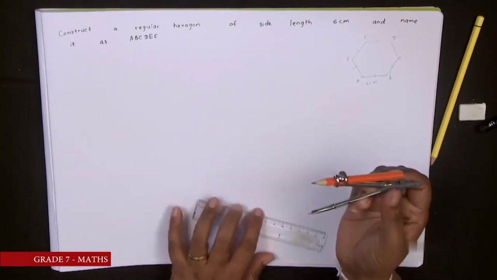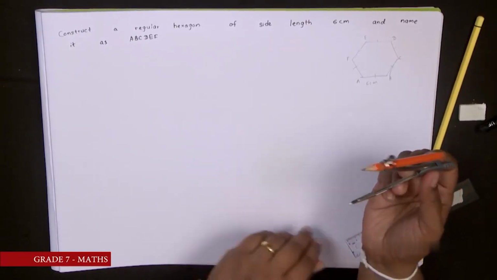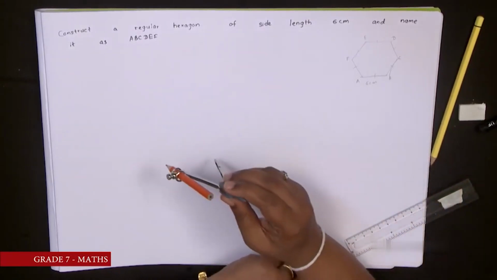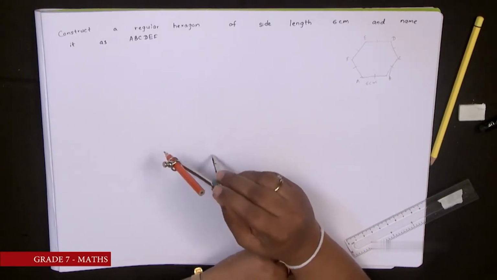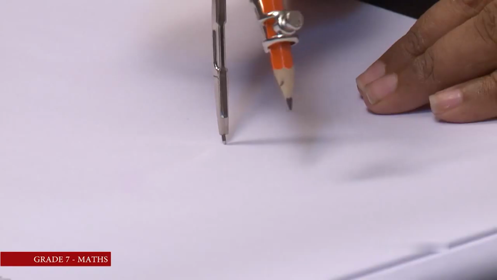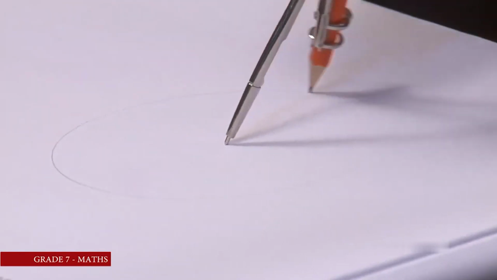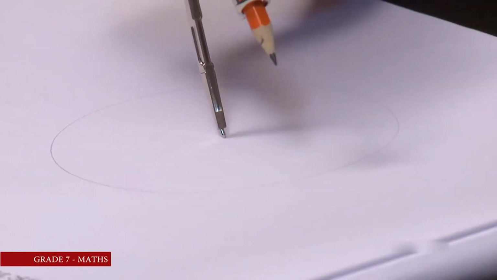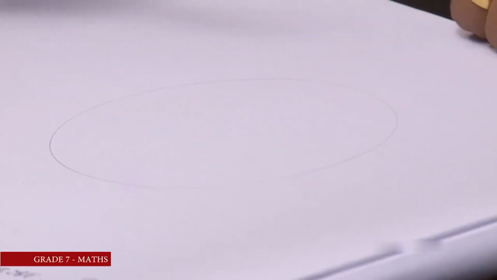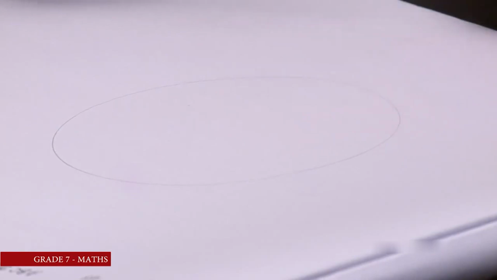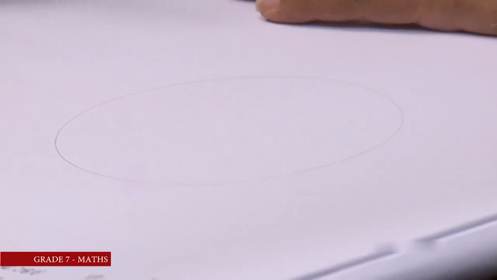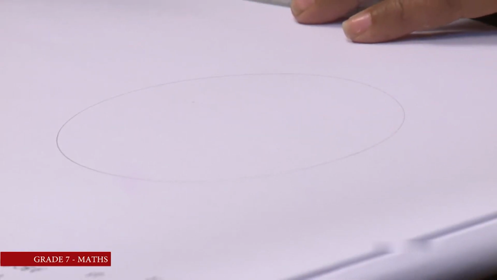Right. Now, I have got 6 centimeters to my pair of compasses. So, I am going to draw a circle using this length. So, the 6 centimeters is the radius. Right. Now, I have drawn a circle. The radius of this circle is 6 centimeters.